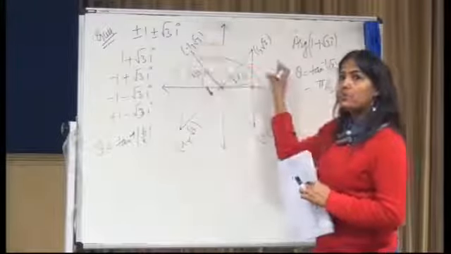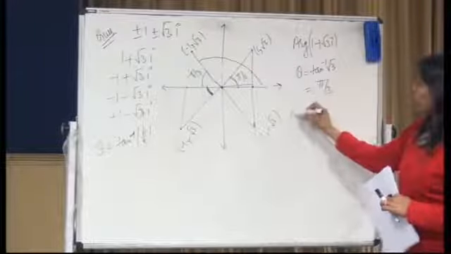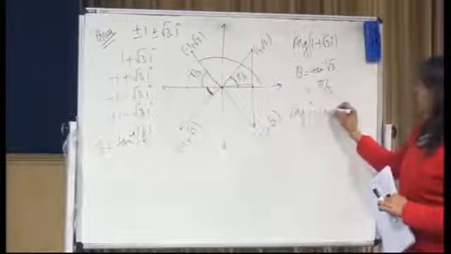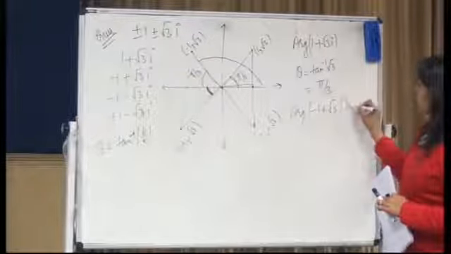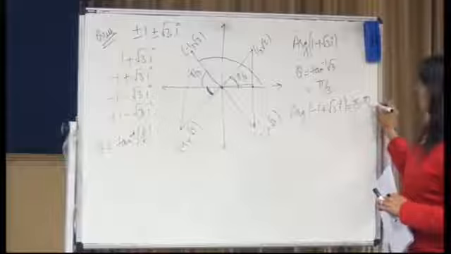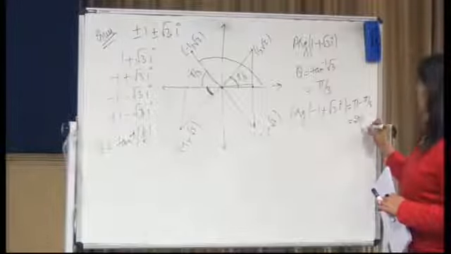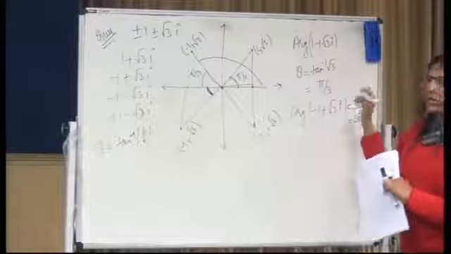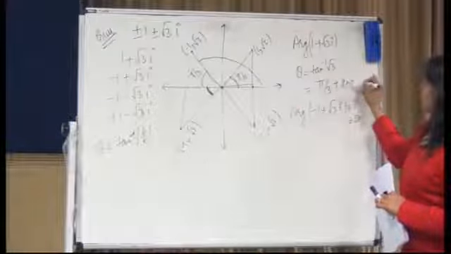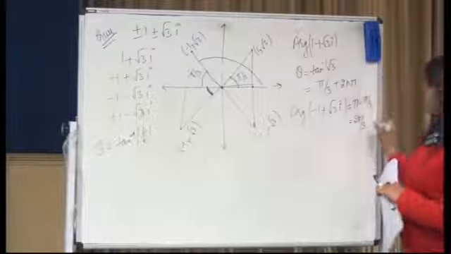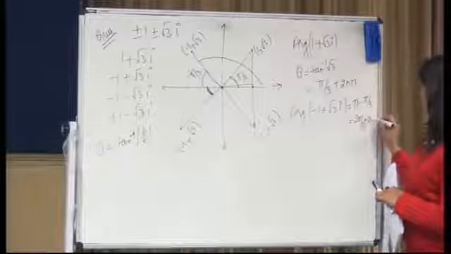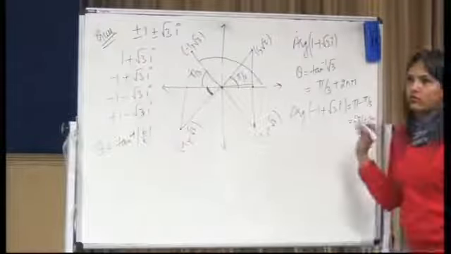Complete is pi. So for argument of -1 plus under root 3 iota will be, so this is one answer, na? Can I add 2n pi for many answers? Is it okay? So many answers we are giving for 1 point.